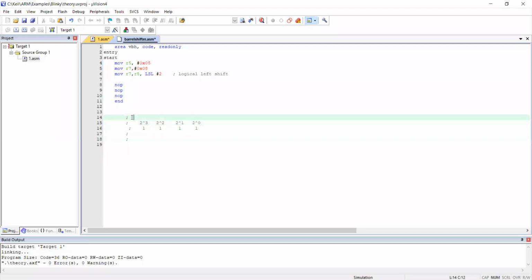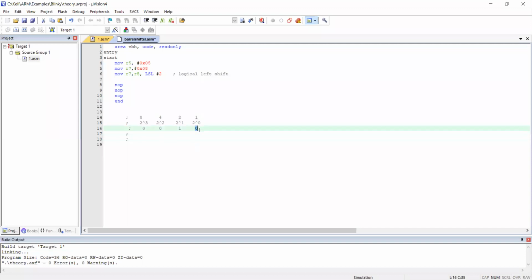So what are the values here? 8, then 4, then 2, then 1. So I will change these bits like this, 0, 0, and 0. So what I do is left shift by 1. Here you see, I have to create 4 spaces. This is space 1, second space, third space, fourth space.